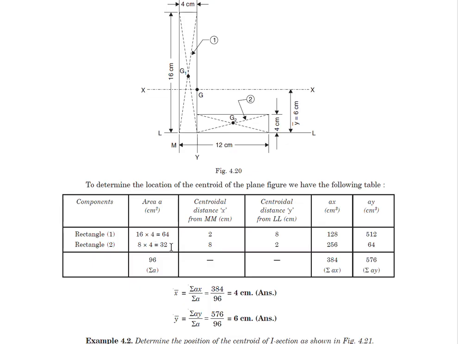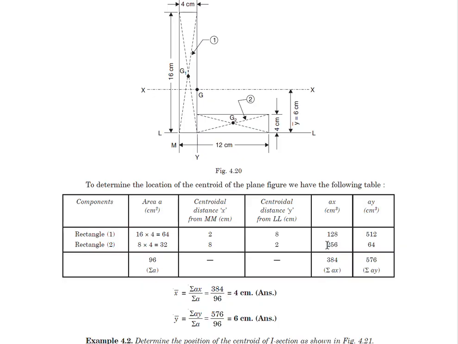So you have 8 into 4, which is 32, and its CG x position is 4 plus 4, which is 8, and the y position will be 2. So this is the x position, this is the y position.